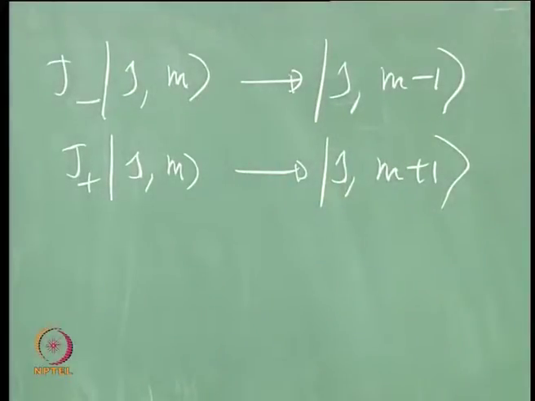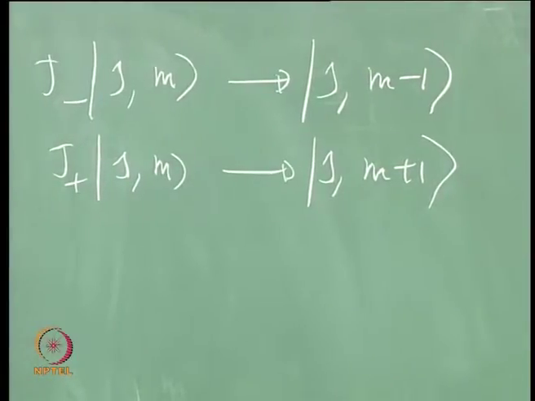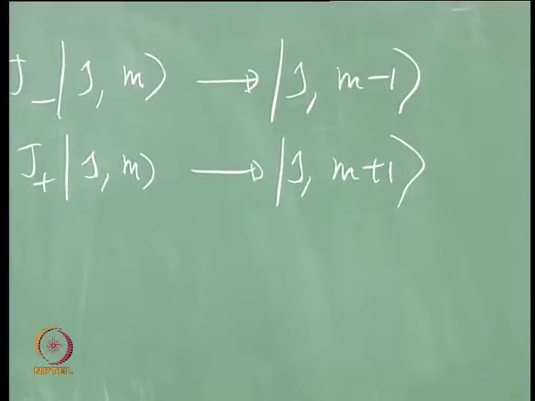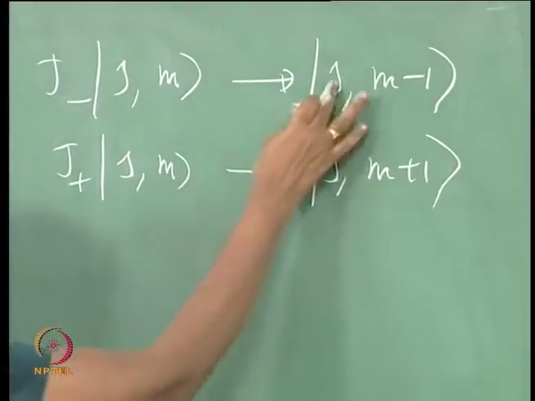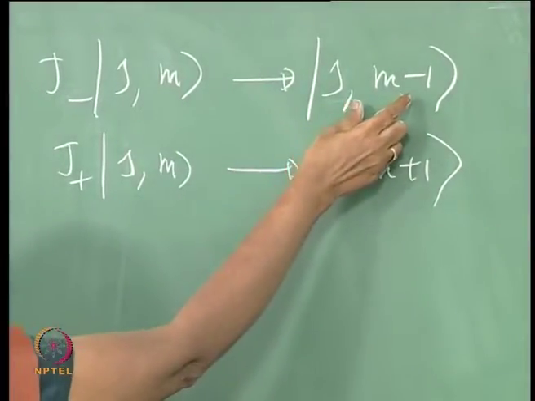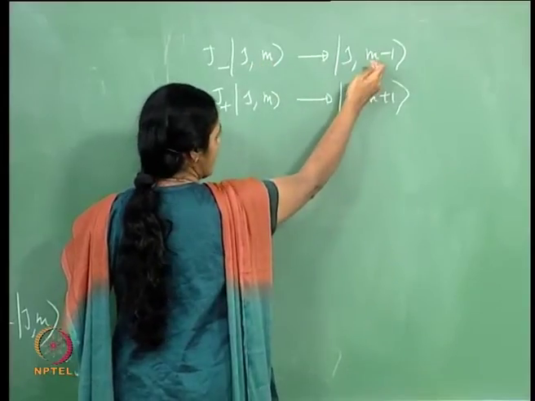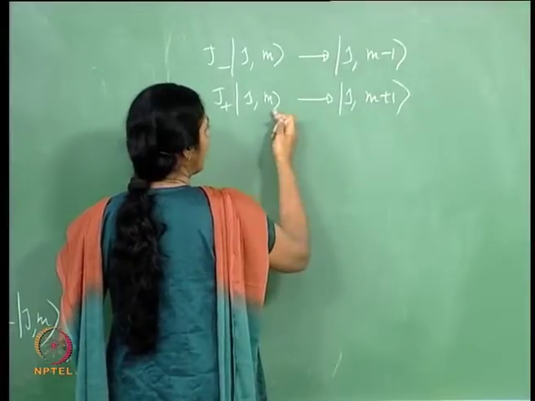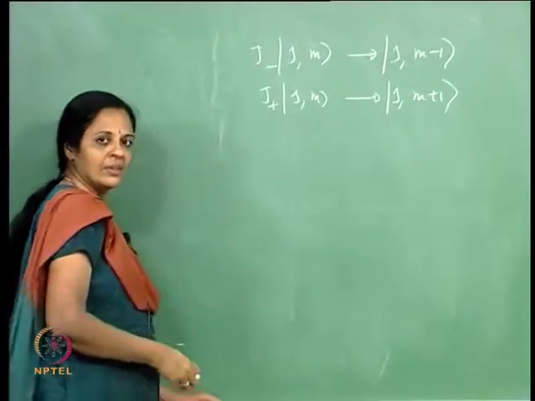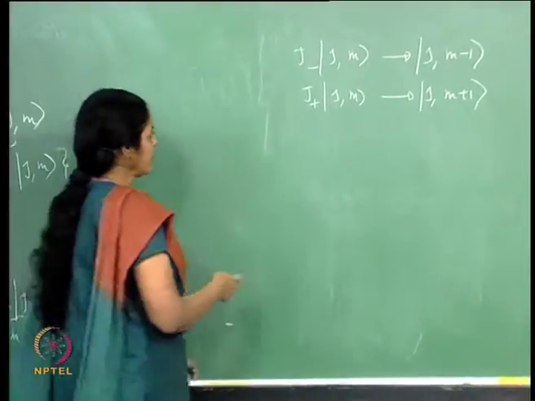It's in this sense that we say that J plus and J minus are the raising and the lowering operators respectively. They leave j untouched, but change the third component value m. J minus decreases it by 1 and J plus increases it by 1 if it acts once.